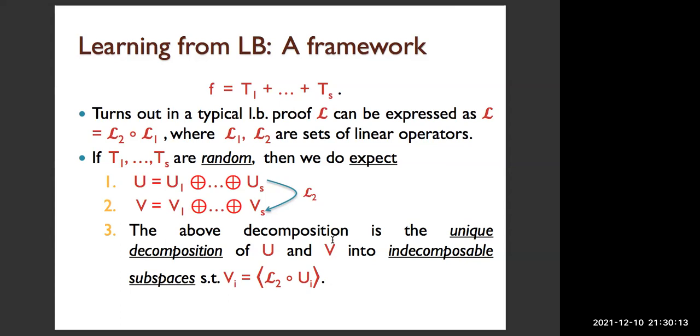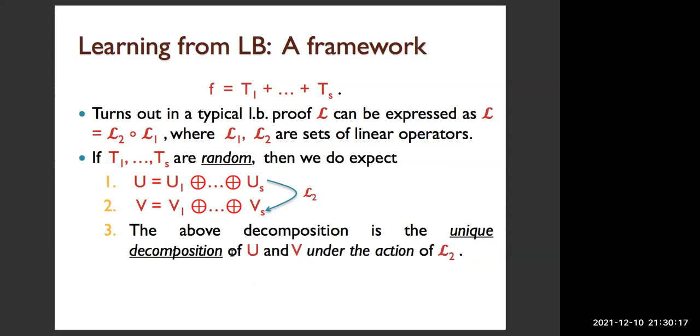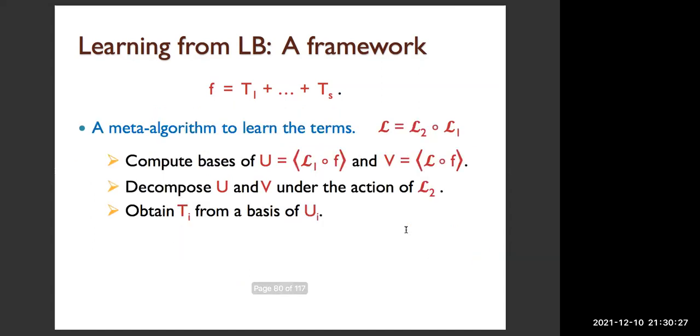So I hope this is okay. And just for brevity, for the third expectation, I will just write it like this: we do expect that this decomposition is unique under the action of L2, right? And now we are in a position to state a refined meta algorithm, keeping in mind that L decomposes as L1 and L2.